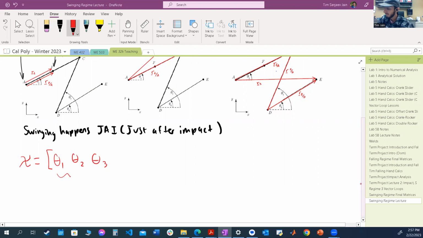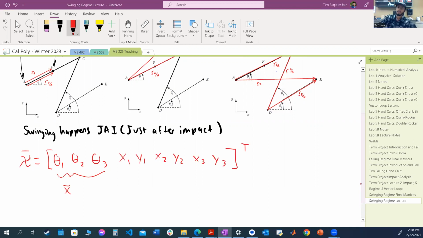So these were part of the state vector. And then we also had x1, y1, x2, y2, x3, y3, and this is all transposed, because it's a column vector.